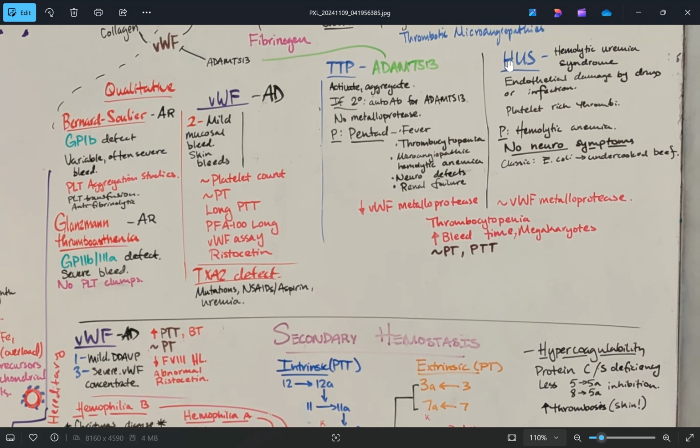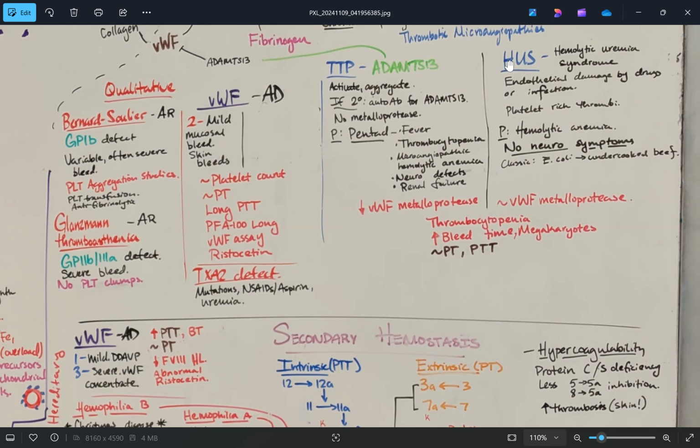This will be endothelial damage by drugs or infection, and you will usually have platelet-rich thrombi. The presentation is going to be hemolytic anemia without any neurological symptoms. And a classic cause for this, and they'll talk about, is potentially E. coli from undercooked beef in a kiddo.